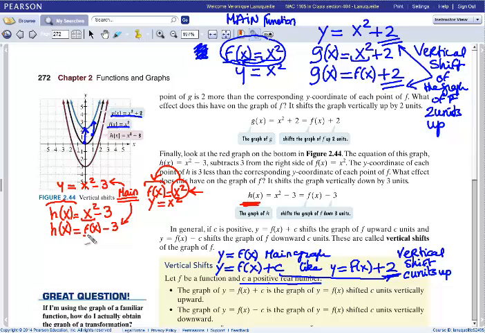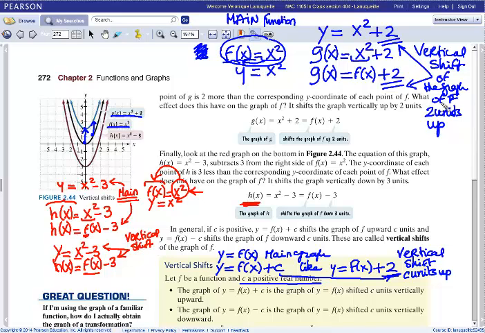Notice you have a function here, so that's called functional notation. So whichever one you have, then you need to realize that when you have y is equal to x squared minus 3, or you can say h of x is f of x minus 3, whenever that happens, because you have, in this case, a negative number following your main function, x squared or f of x, then this is going to be a vertical shift.